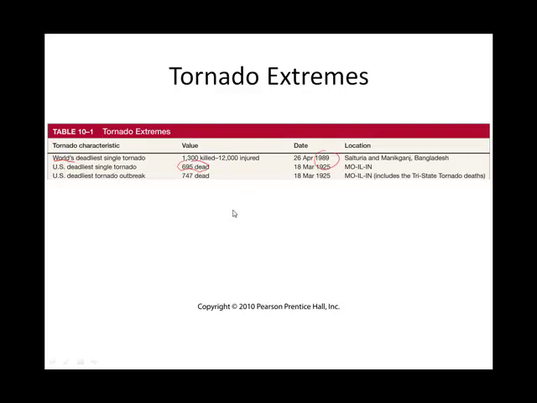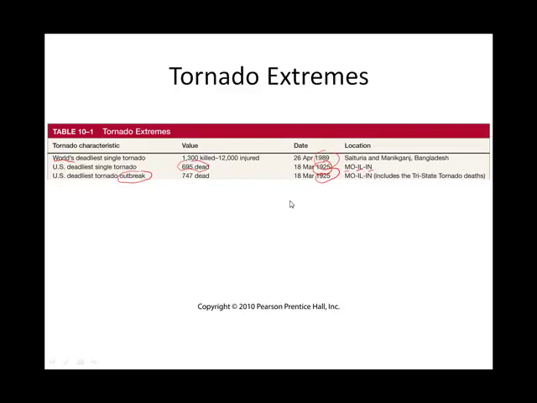So a single tornado took 695 lives. Now this was back in 1925, and where did it hit? Well, it lasted a long time because it went between Missouri, Illinois, and Indiana. With regard to outbreaks, the number is just a little bit higher. We had a tornado outbreak, multiple tornadoes that same year, that same day, and it took 747 lives.